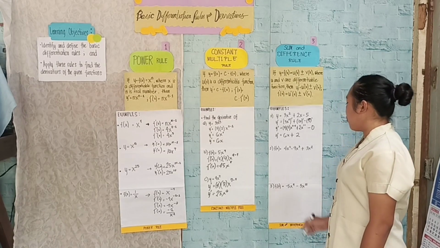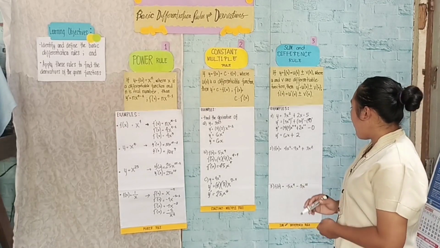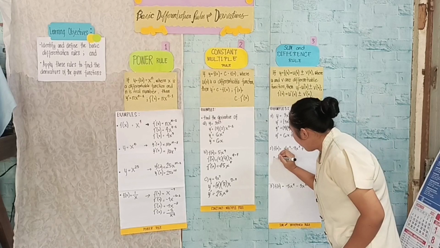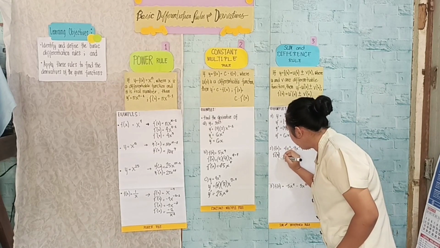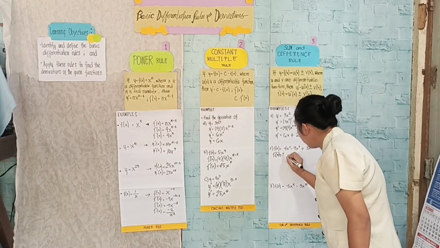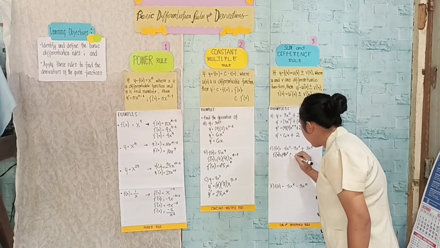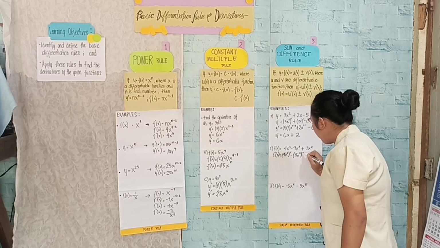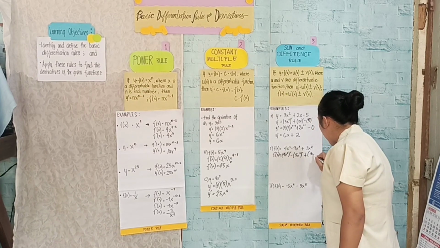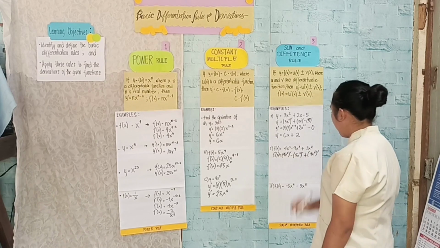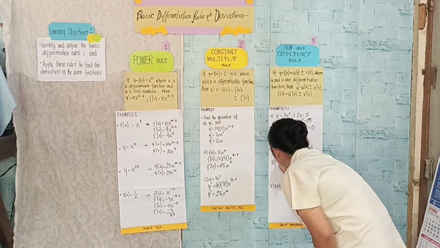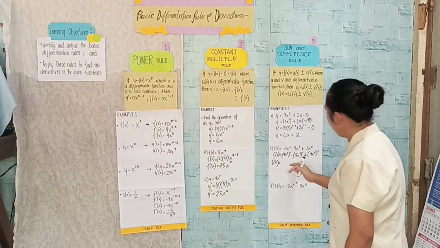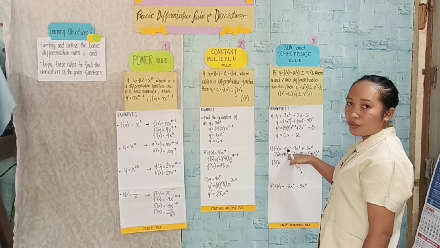f of x is equal to 4x raised to the 6th power minus 9x cubed plus 3x squared. So f prime of x is equal to 4x raised to the 6th power prime minus 9x cubed prime plus 3x squared prime. Then f prime of x is equal to, what is the process that we were going to apply here?